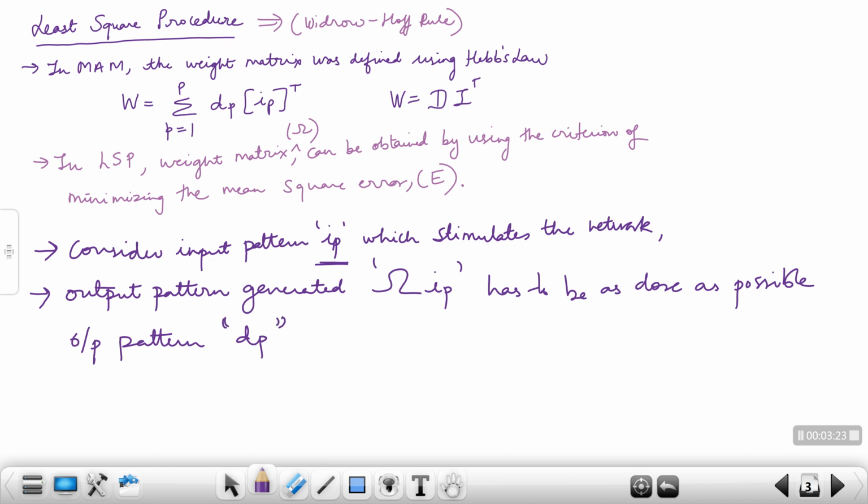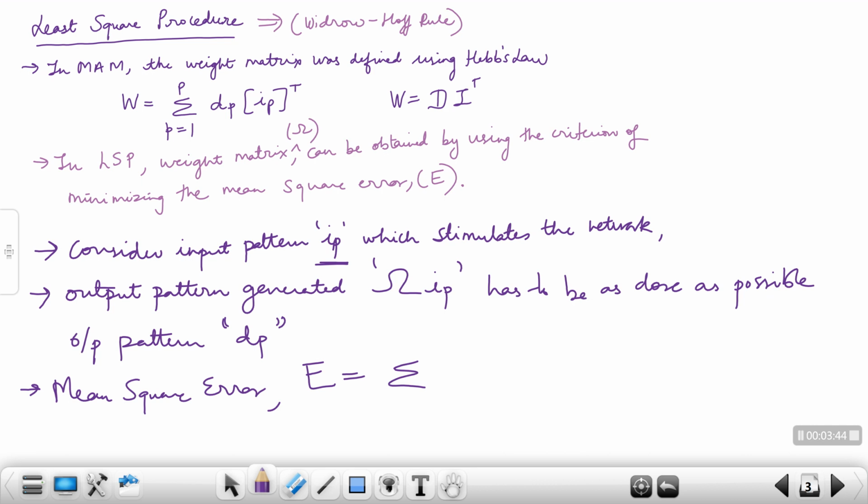So basically we need to find the error, and this error will be the mean square error. E is defined as follows.